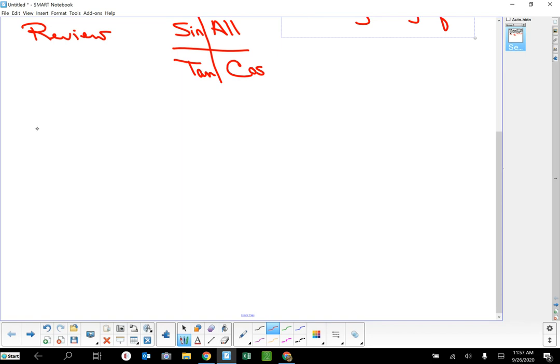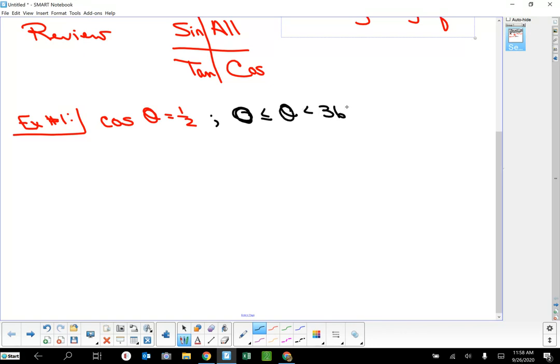All right, example 1. Cosine of theta is a half. You're being told that. And you're not being told that there's any kind of constraints. And what I mean by that is sometimes you're told that theta is between, that's a 0. 0 is less than or equal to theta is less than 360 degrees.